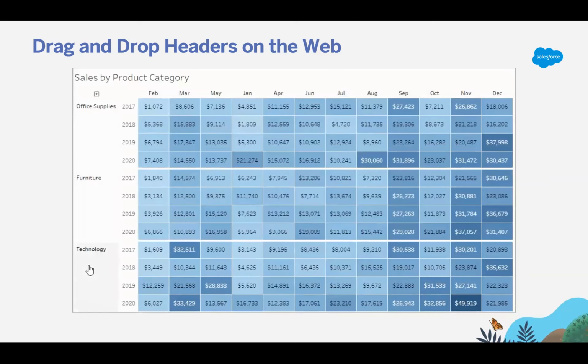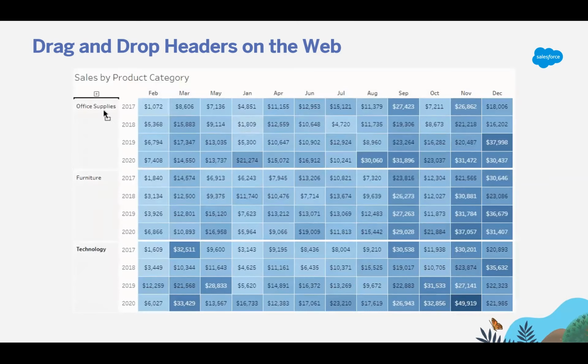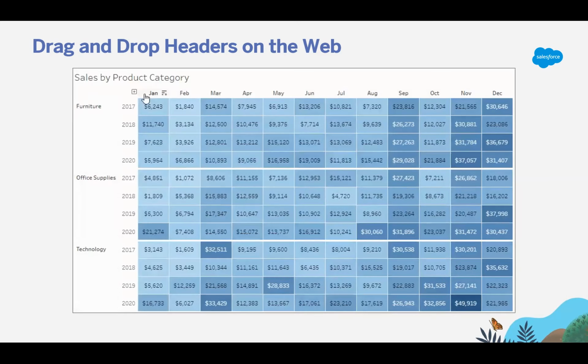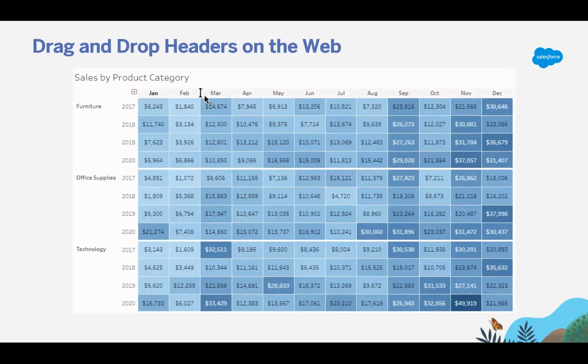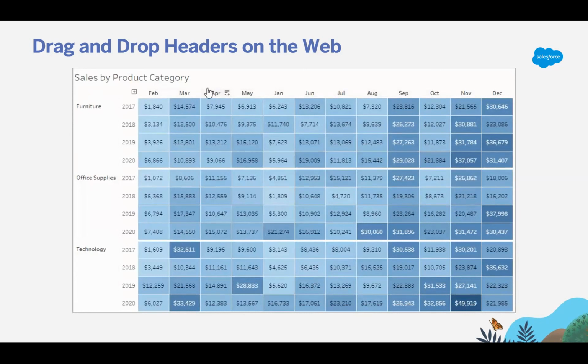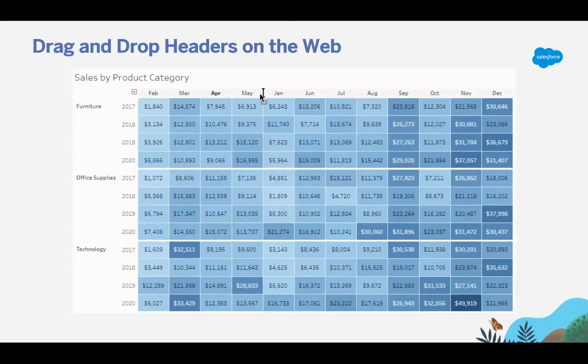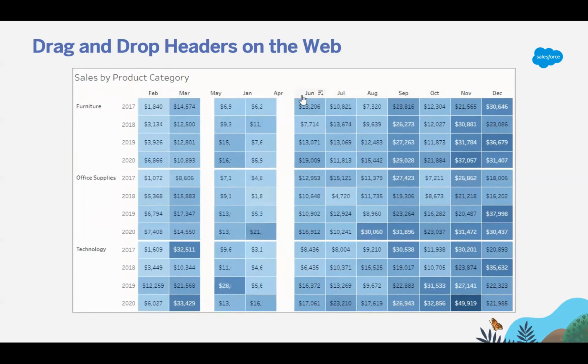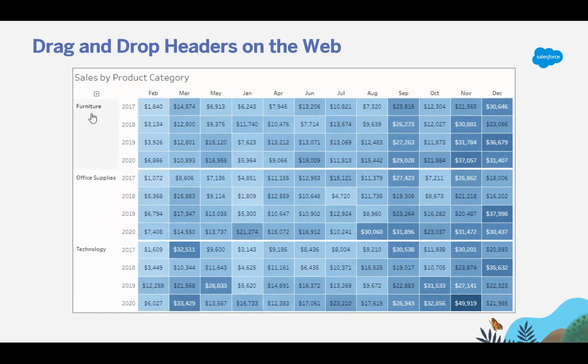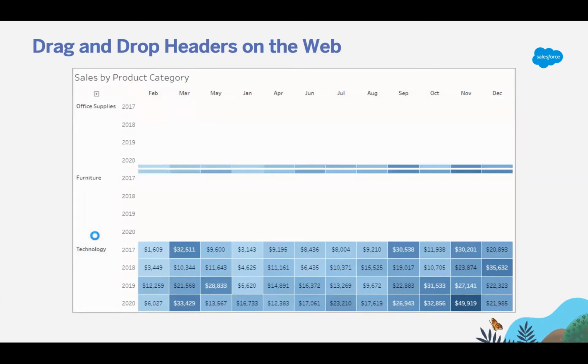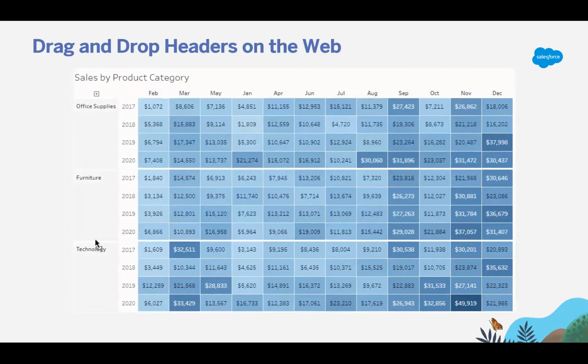If you wanted to compare January and April together, put them right next to each other. If I wanted to reorder furniture, office supplies, technology, I can just drag and drop them as well. Another trick that's part of this refresh is those headers and axis objects are all now native HTML elements in the browser. Why does that matter?